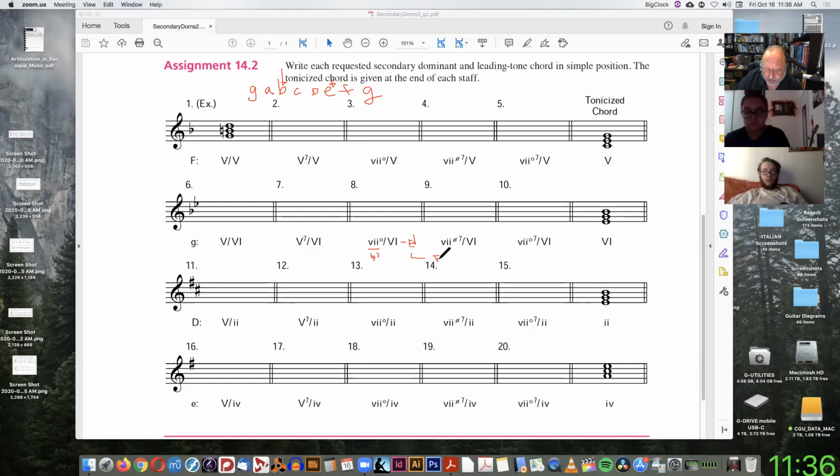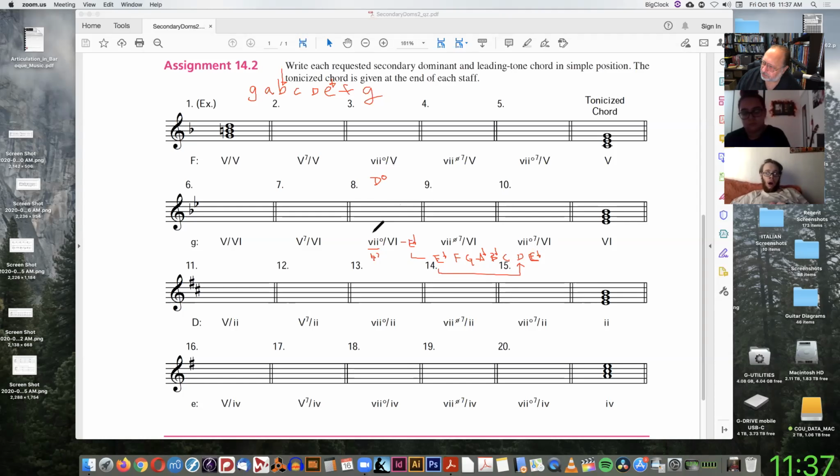E flat, F, G, A flat, B flat, C, D, E flat, right? So there's our E flat major scale. So our 7 is going to be this D, because E flat is our tonic. So it's going to be a D diminished, right?